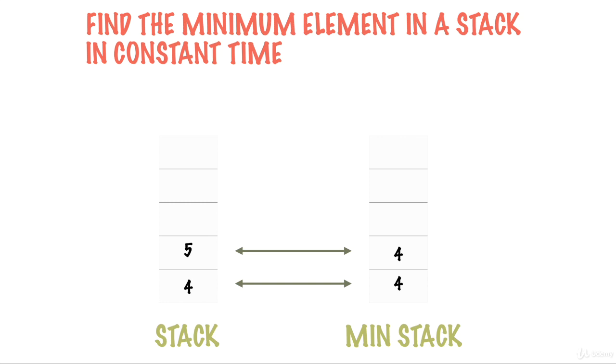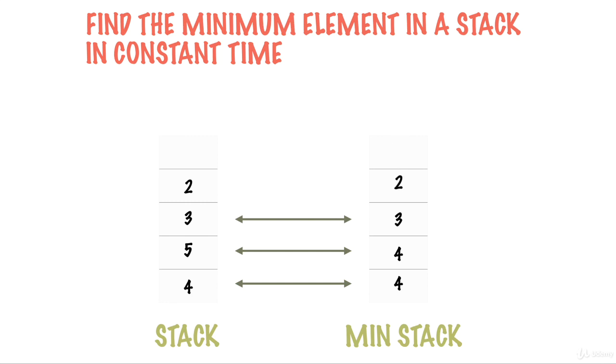Let's move on. Say we add 3 to the original stack. This 3 is actually a new minimum when we compare it to the top element in the min stack. This means that the min stack value should now be 3. So what we'll do is go ahead and add 3 to the min stack. So for the 3 elements that are in the stack, 3 is the minimum.